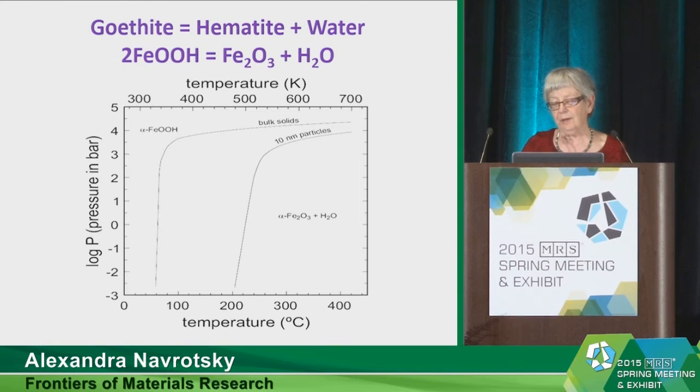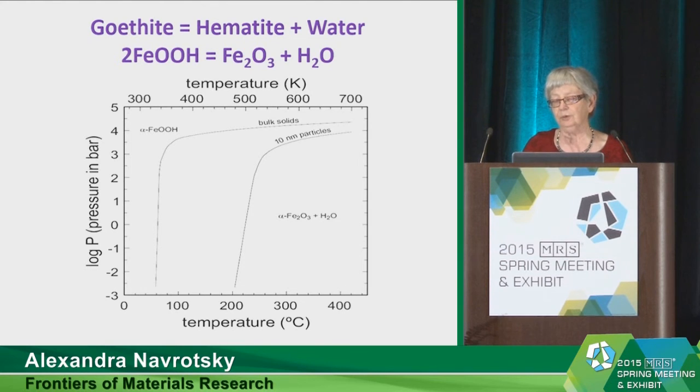Geology tells you that's a higher temperature environment. You should have corundum or hematite. There are ornate explanations as to why you don't, but in fact the reason you don't is the temperatures are still low enough, you don't coarsen the particles, and the hydrated phase is still thermodynamically stable.